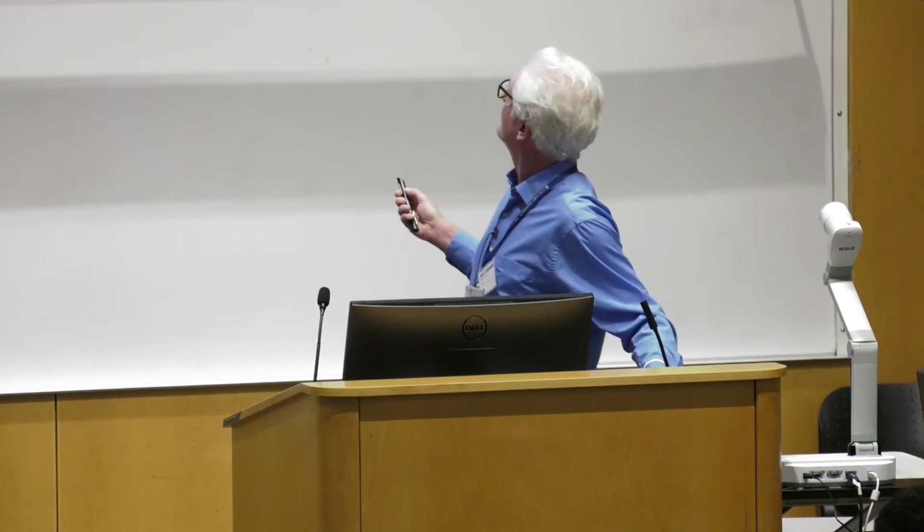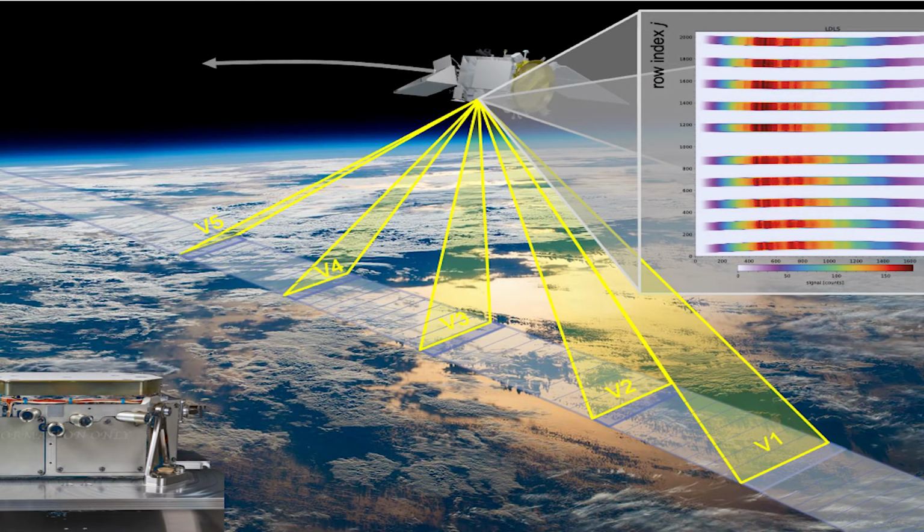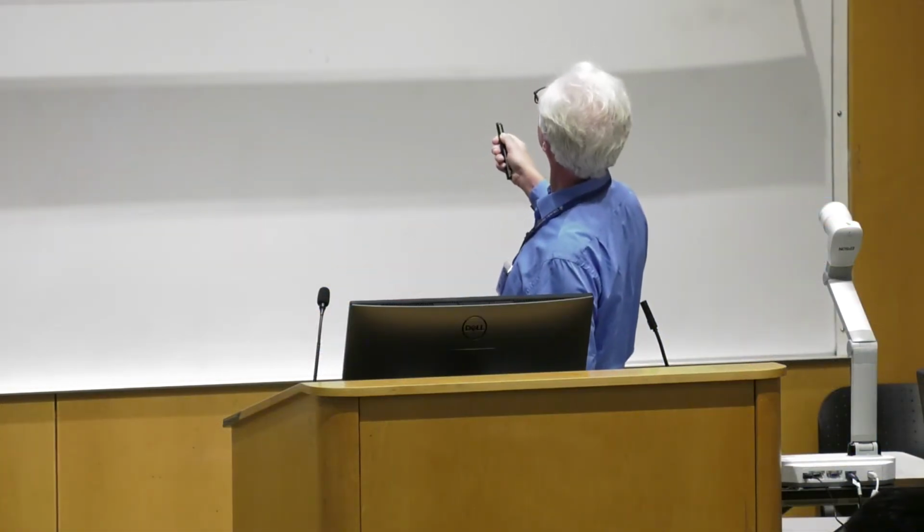Yeah, so what the SPEXone has, they have 5 viewing angles, and then for each viewing angle there are actually two measurements, one in parallel polarization and the other in perpendicular polarization, and they get split like this.